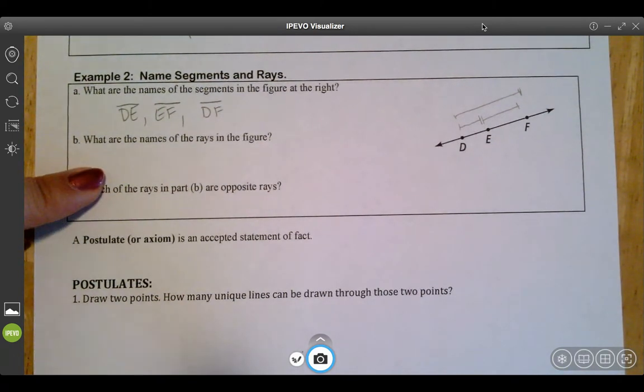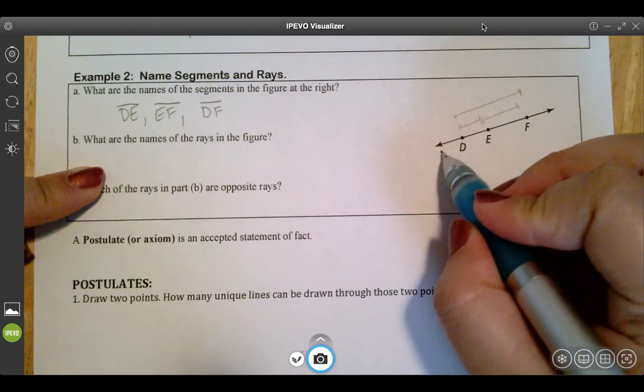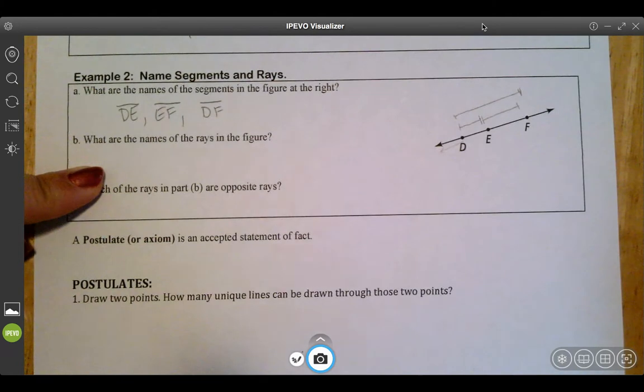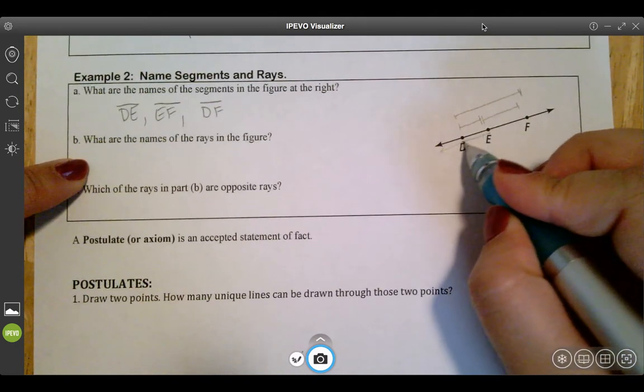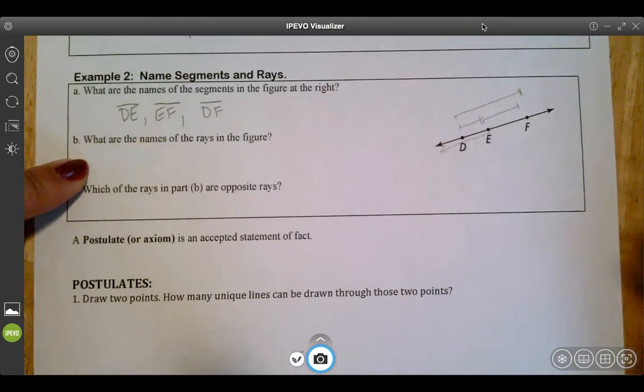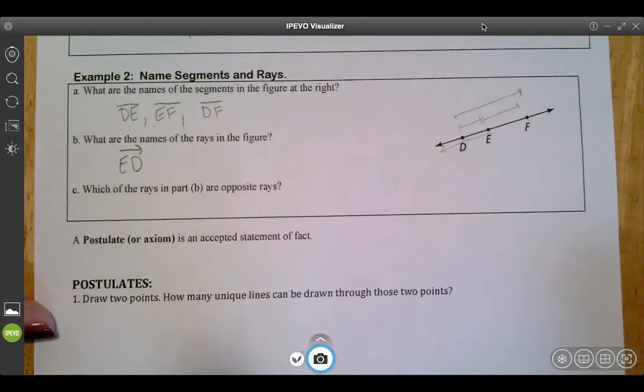What are the names of the rays? Okay, a ray means it goes off in one direction. Now I can't say ray D because I need 2 points. I need an endpoint and a point that it goes through. So we can say E through D with 1 arrow.